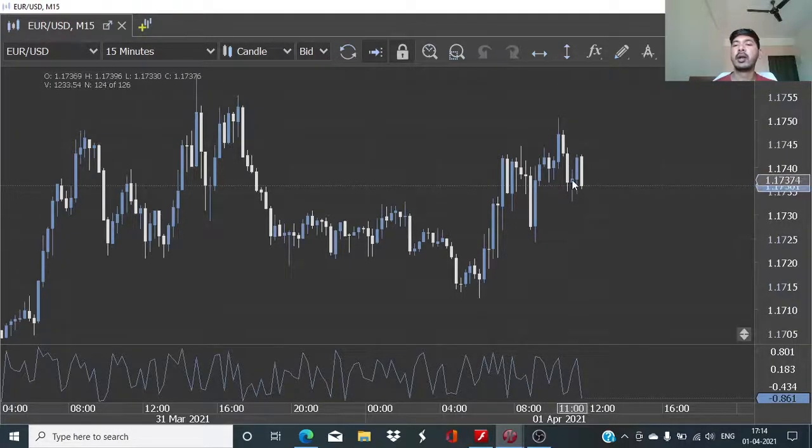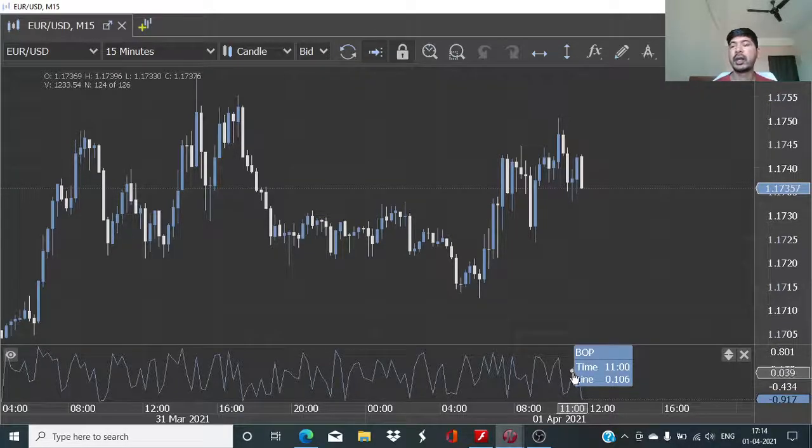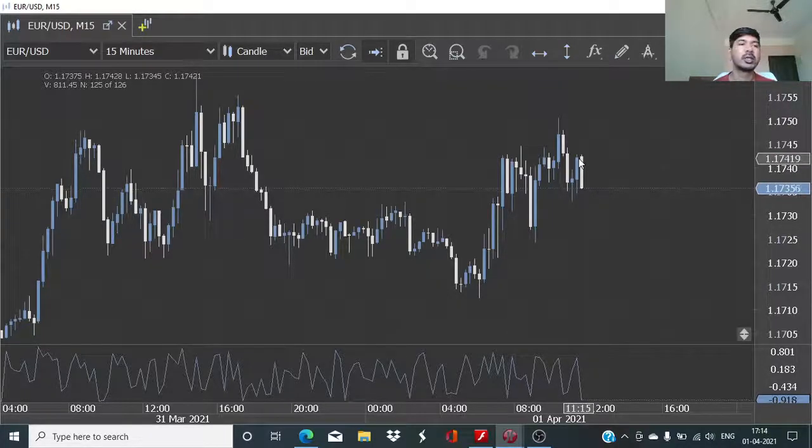Suppose let us check this value at 11 GMT. So on 11 GMT, you can see that the momentum has shifted, and BOP is now getting the output above zero, but there is not much of a price momentum, and it is still on the bearish side if we consider its price formation.